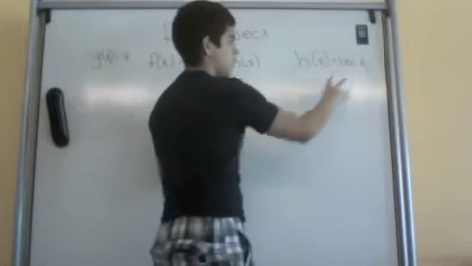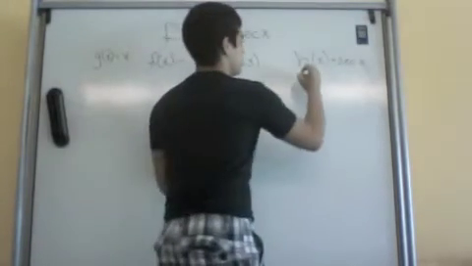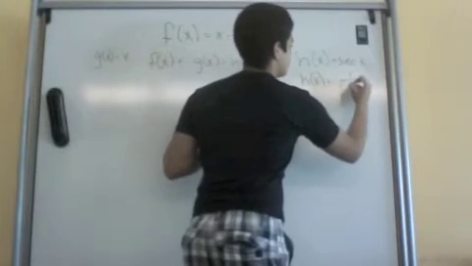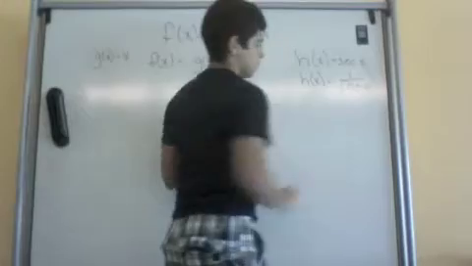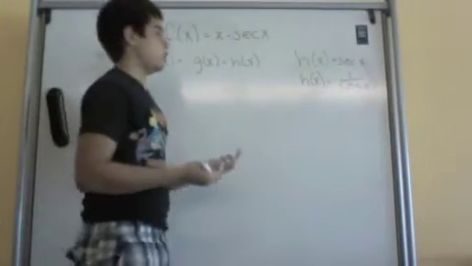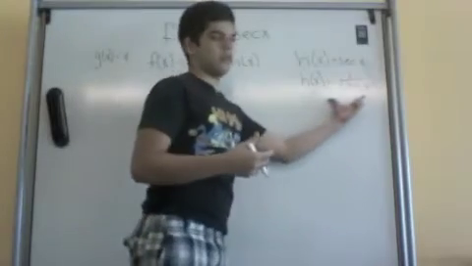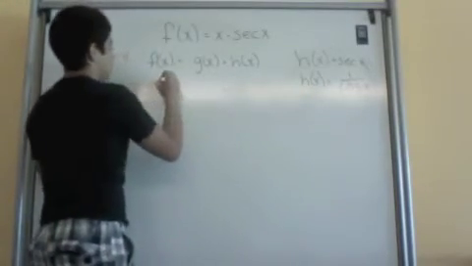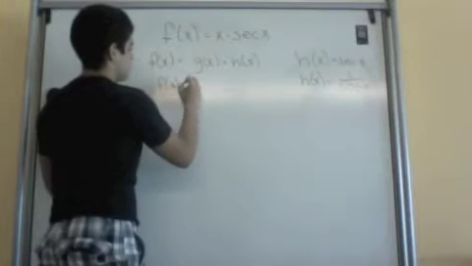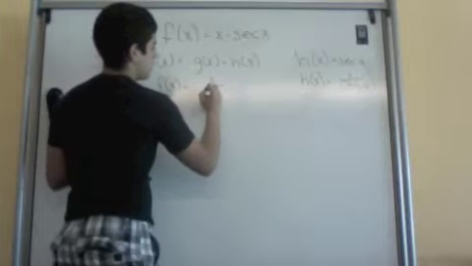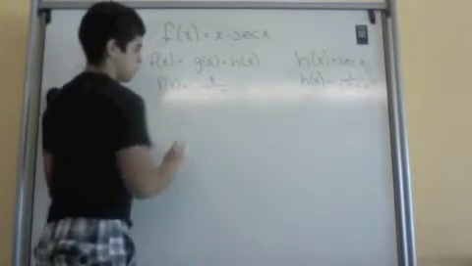Well, we know that secant is also 1 over cosine of x. So if we know this, then we know what the derivative of cosine is. So when we unite these two, we have f of x is equal to x over cosine of x.